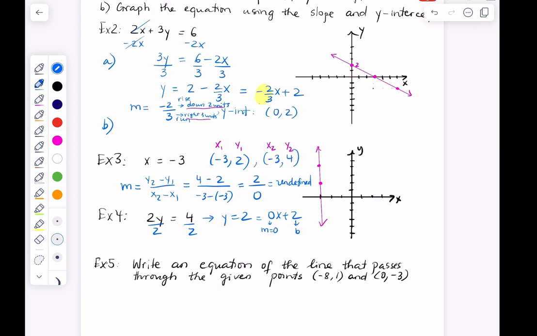So with the same explanation as example 3, y equals 2 means that y is always going to be 2 no matter what x is. So you could just pick any 2 points as long as y is always 2. So I could do 0, 2 as 1 point, and I could also do -2, 2, just 2 random points there.